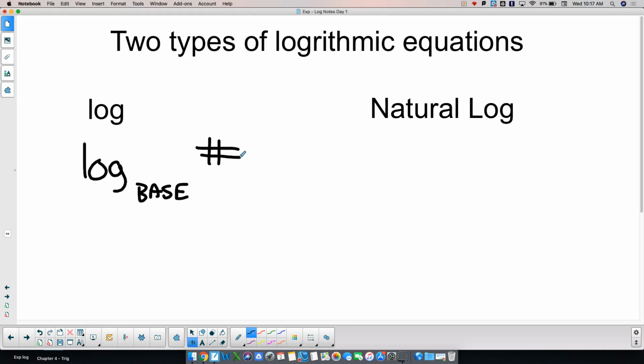So you've got the base and you've got an argument in a regular log case.